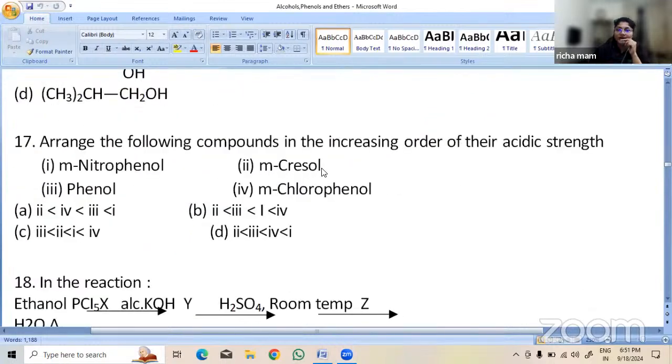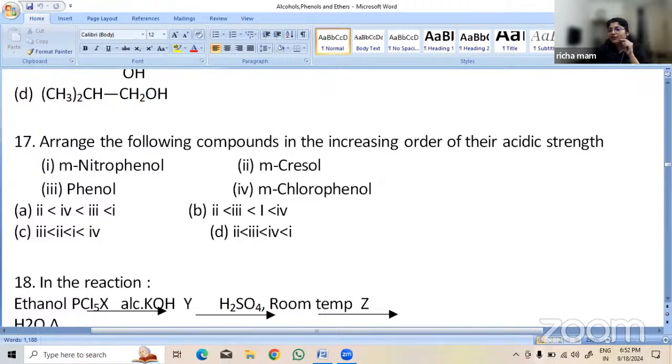Arrange the following compounds in the increasing order of their acidic strength. So the first option is paranitrophenol, second is metacresol, third one is phenol, and fourth one is metachlorophenol.